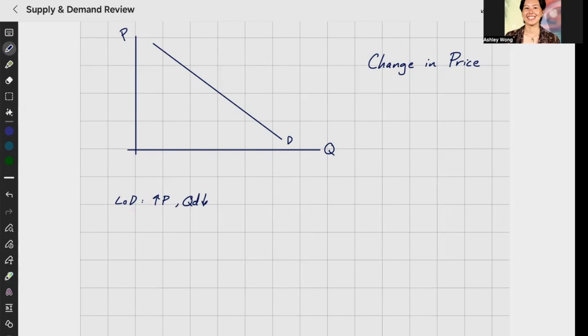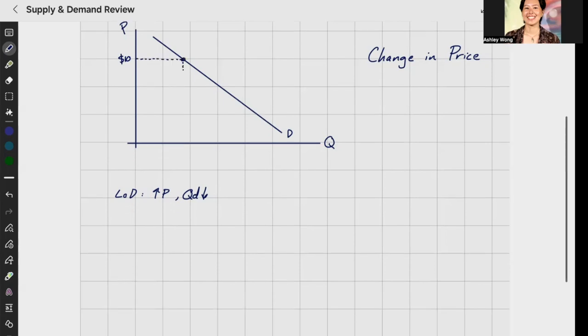And so this is what we're going to use to understand what happens to quantity demanded when there's a change in price. So let's say that our original price was up here at $10, and our quantity demanded at this price of $10 is, say, 6 units of this good.